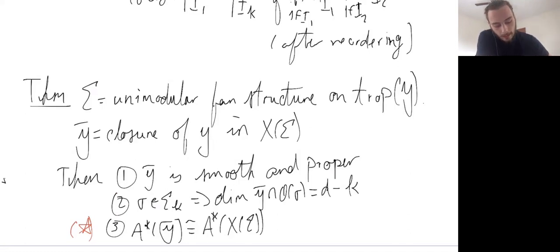And then the last property that I'm most interested in is this third one that says the Chow ring of this compactification Y bar is the same as the Chow ring of this toric variety X_Σ.